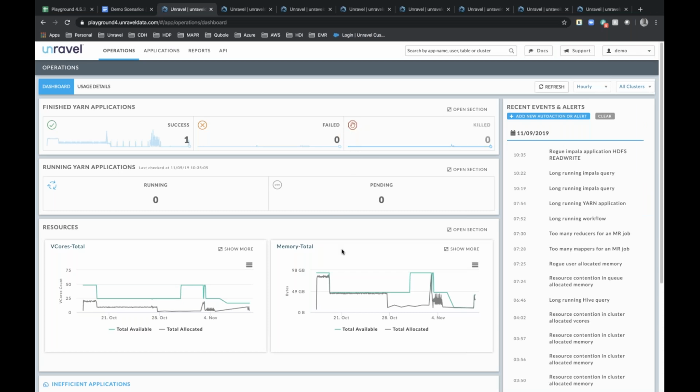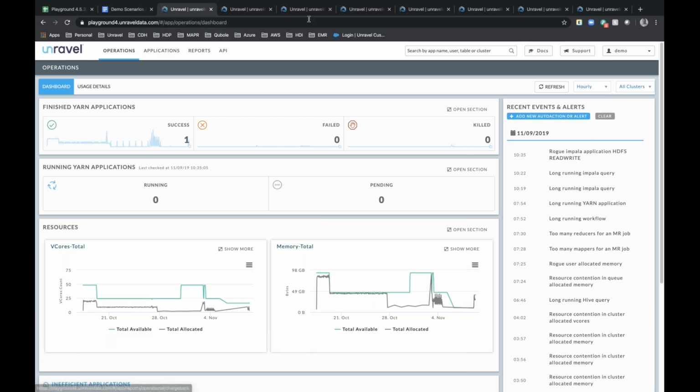Thank you, Jason. I am in the user interface within Unravel, and our user interface basically provides visibility for the operations folks who manage the EMR clusters to be able to get insights into how the clusters are being utilized, get alerted when jobs are not meeting SLAs, when some rogue application is using more than its fair share of resources.